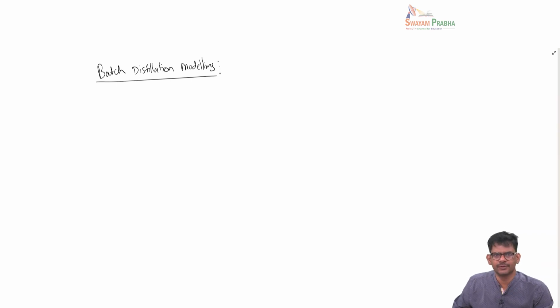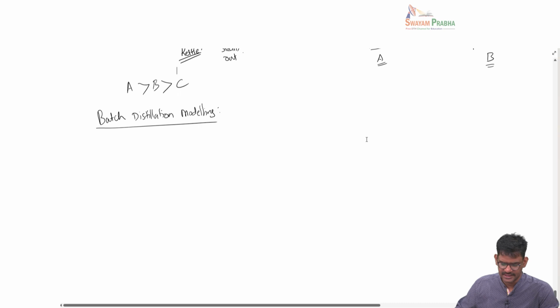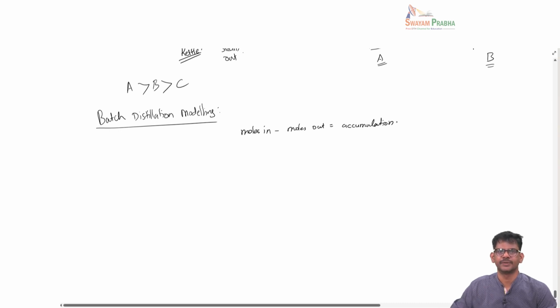What we'll do is a simple mass balance for the kettle, or reboiler, whatever you want to call it. You can write the mass balance over this kettle, and we would like to write number of moles in minus number of moles out is equal to accumulation.